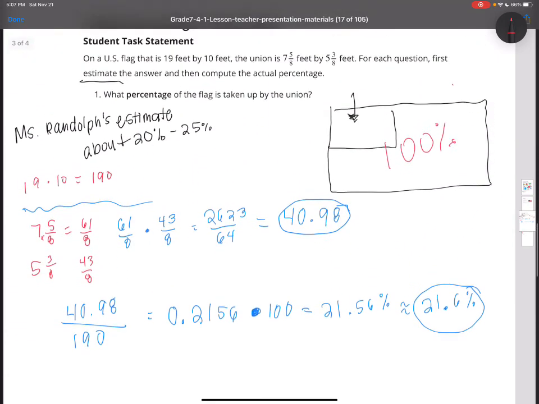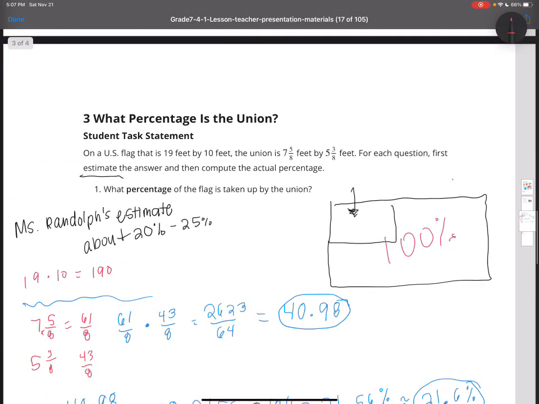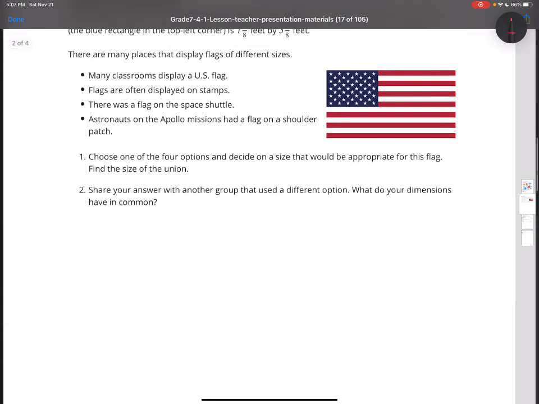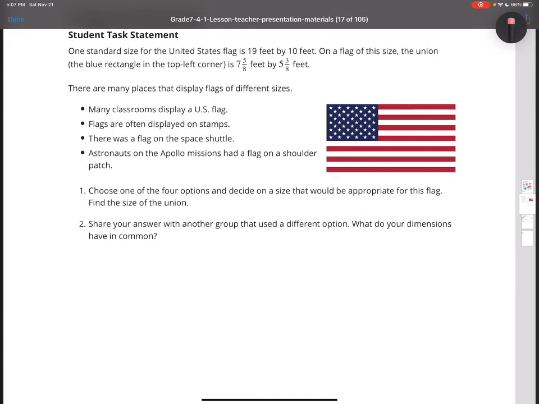So this is about an estimate. We need to estimate, okay? Now, when I look at this flag, and I'm sorry I keep bouncing back and forth to it, what's left over of this area is about, I'm going to say, around 40 to 50% of the flag is red. Why?